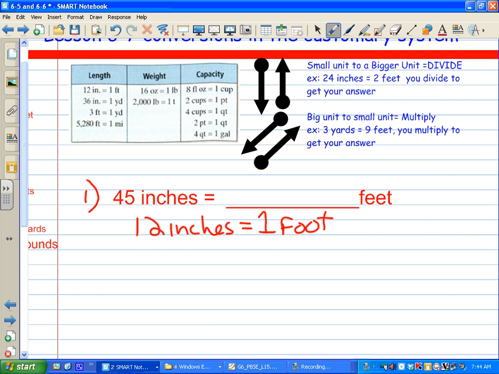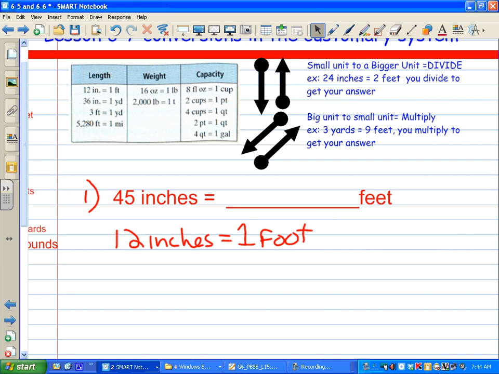And I take a look at the relationship between my two facts. And the relationship is this, that my facts are going up and down. 45 inches, 12 inches. And if they're going up and down, like this, then you have to divide.